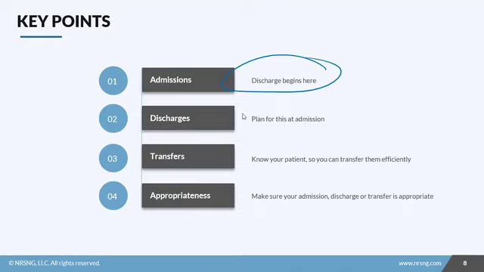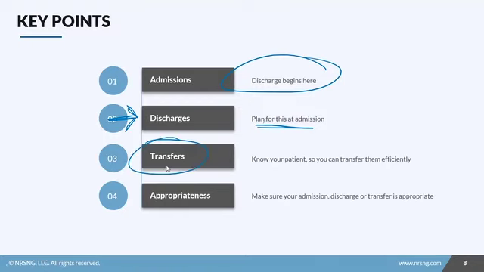You want to work to get a solid history, and you want to help establish your patient for their stay. In discharges, you want to start planning quickly. You want to make sure your patient is ready for discharge, and you want to educate them. When a patient doesn't know what they're supposed to do or when to follow up, it can lead to readmission to the hospital. So always start educating them early.